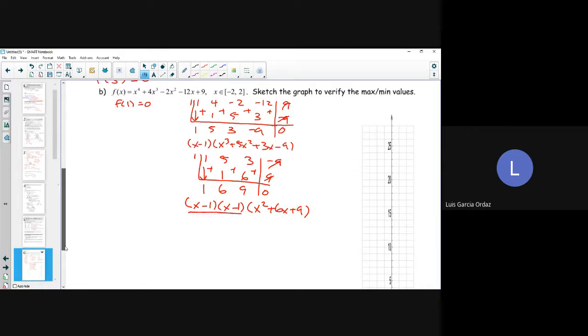Can someone tell me what the fully factored and simplified expression would be for my last step over here? See if you guys remember your advanced functions days.